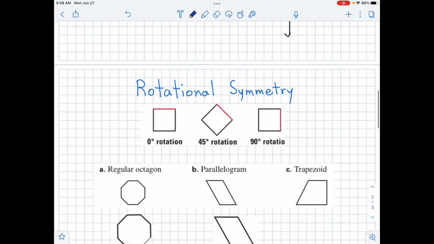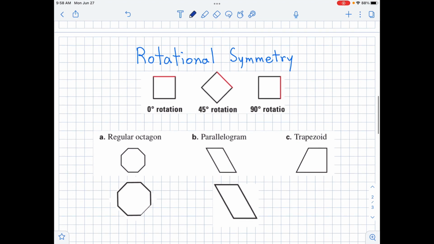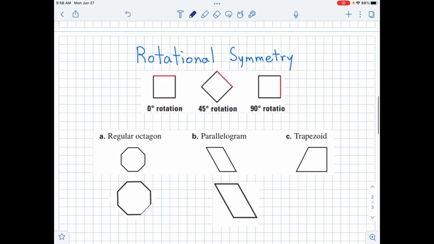Now look, we've also got this thing called rotational symmetry that we want to look at. Imagine that you're just wanting to spin the figure around. Think about a square, and think about a center of rotation inside that square. And think about if you rotate that square, let's say 45 degrees clockwise.